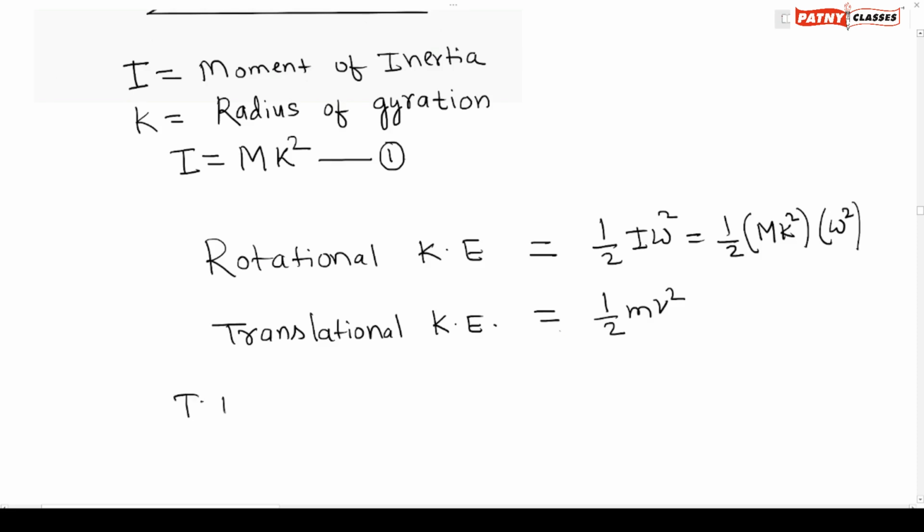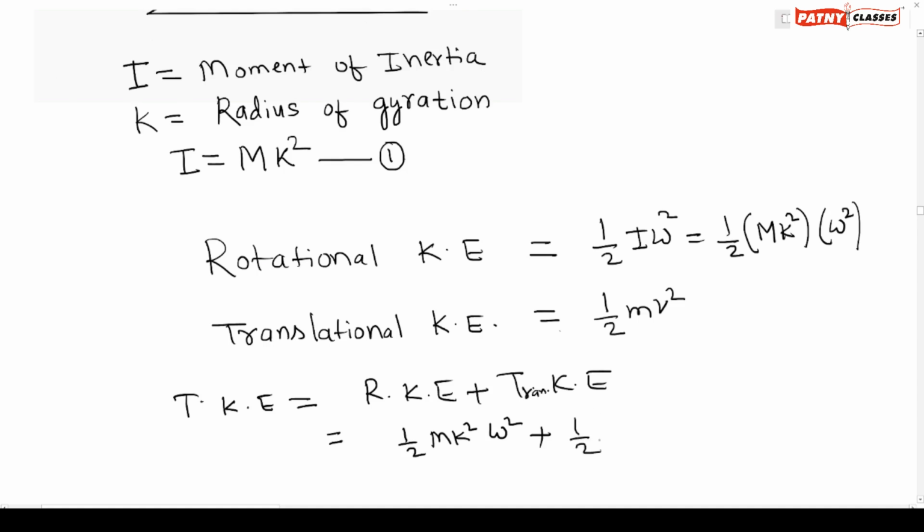Therefore, the total kinetic energy of a rolling body equals the rotational kinetic energy plus the translational kinetic energy, that is, half M k square omega square plus half M v square.